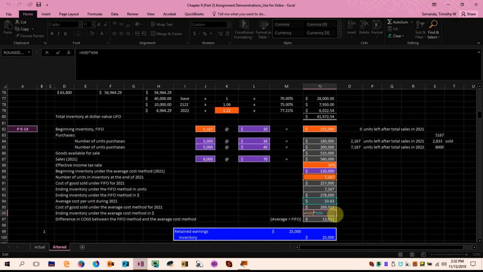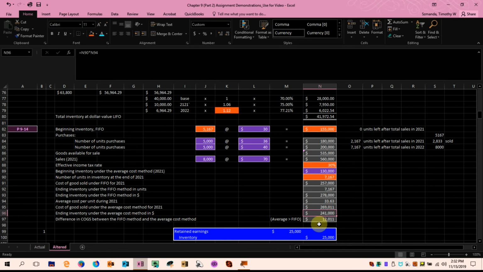And that's just a matter of taking the 7,167 ending units in inventory times the 33.63 average cost per unit. So I had 7,167 units left. Multiply that by the $33.63 average cost per unit, and I have an ending inventory under the average method of 241,000.